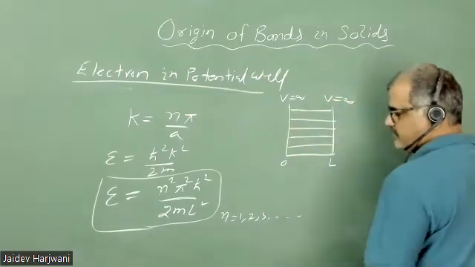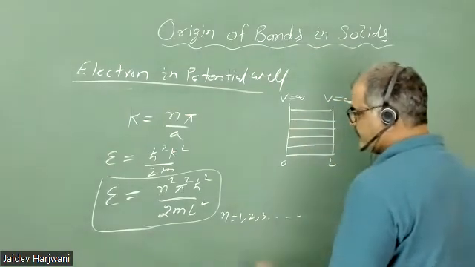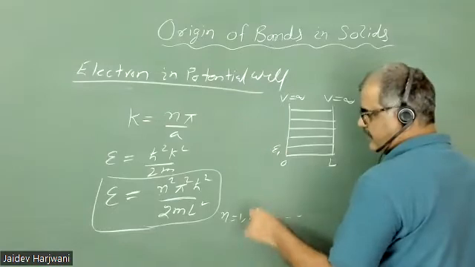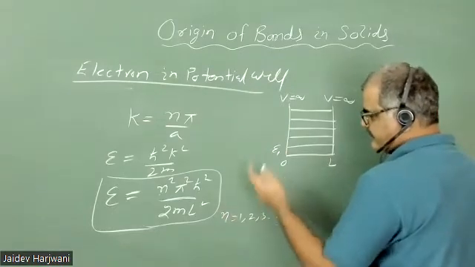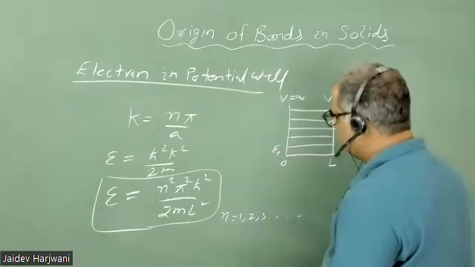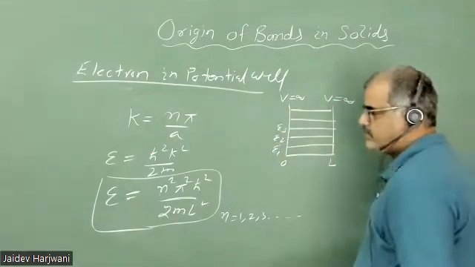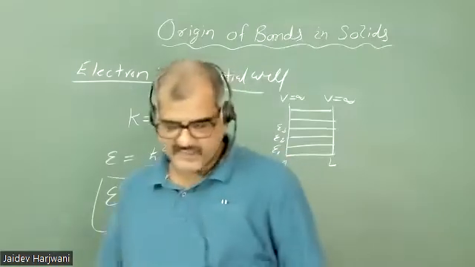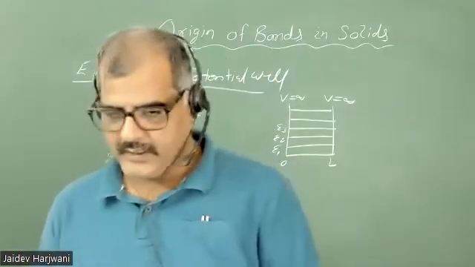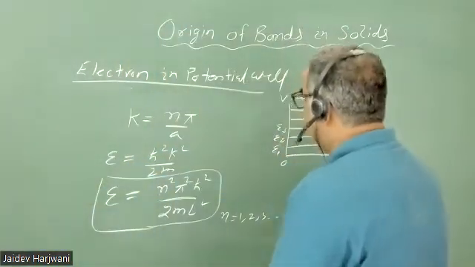Like for the particle in a box, E1, and then E2 for n equals 2, and so on. You get E1, E2, E3 and so on. So now your energy levels are discrete. This is the case under the potential.